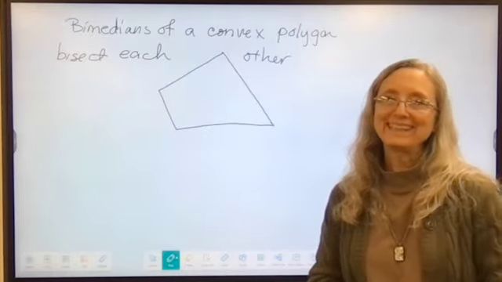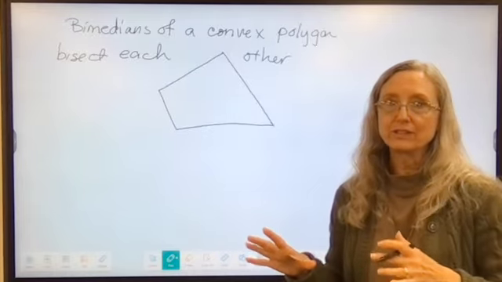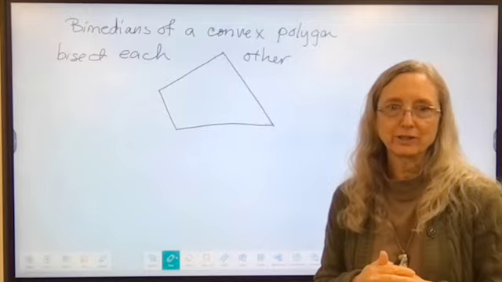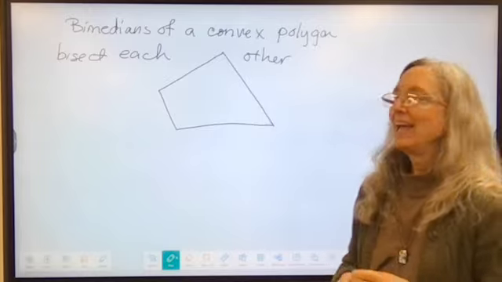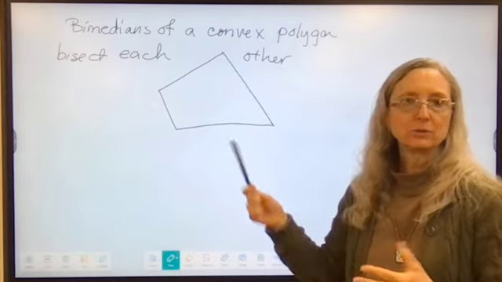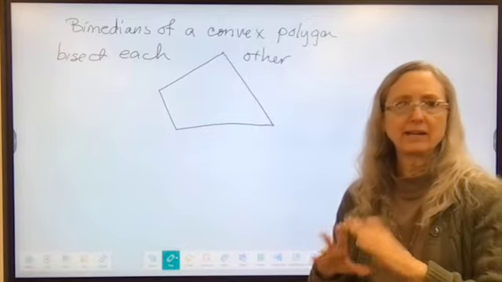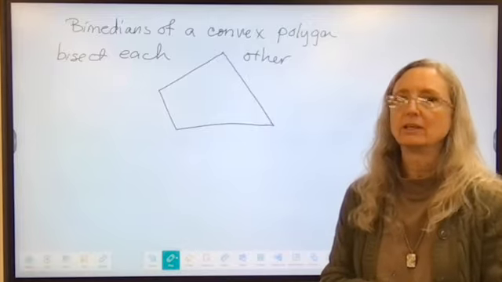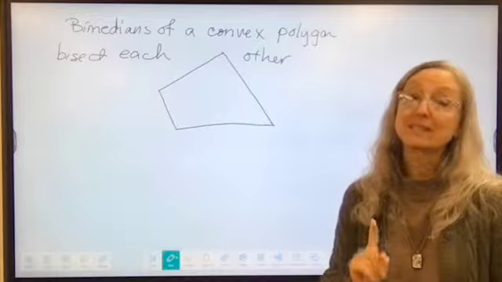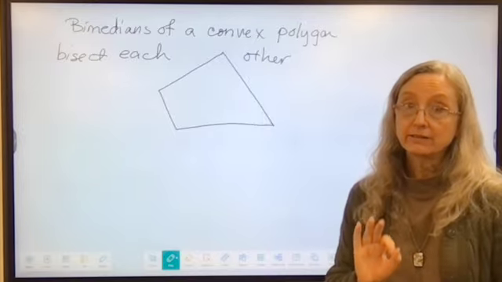Okay, there's the last cool quality that I want to show you here at the end of this chapter. And that's just a regular quadrilateral. It's not a parallelogram, not a kite, not a trapezoid, nothing special, just a quadrilateral, but it is convex, not concave.